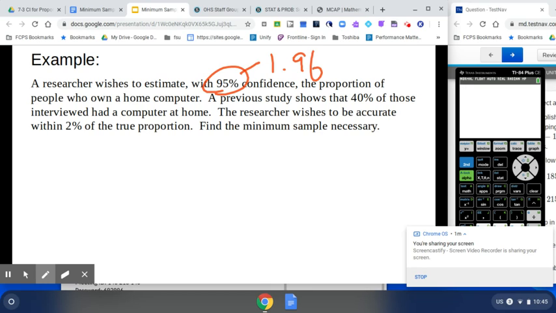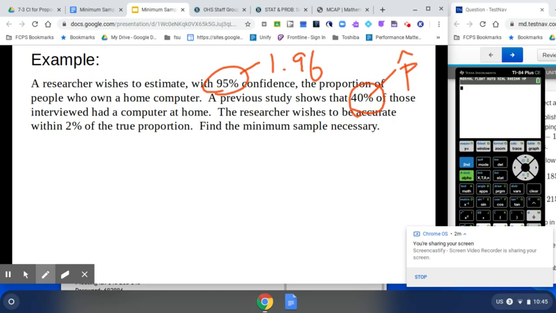That's how we get that z value of 1.96. The next value given in the prompt is 40%, and that is the proportion who own a home computer. So that's p hat. I would probably say that this example is a little outdated.